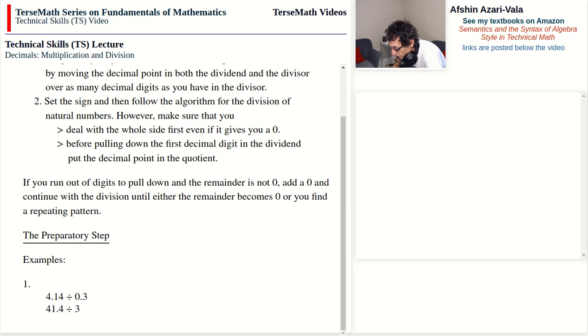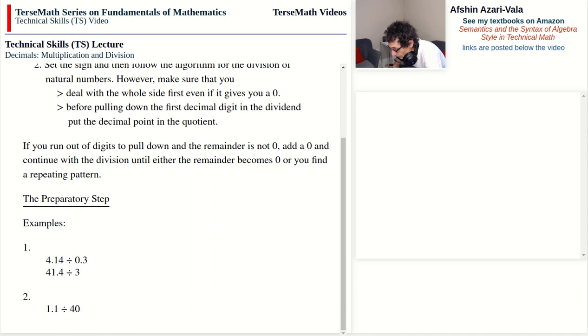And therefore now we modify the division from 4.14 divided by 0.3 to 41.4 divided by 3. Because both the dividend and the divisor have been multiplied by 10, the result of the division for 41.4 divided by 3 will be the same as the result for 4.14 divided by 0.3.